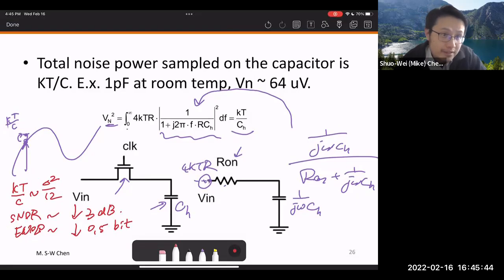SQNR is the highest upper bound. And as you can see, if you design kT over C to be roughly equal to delta square over 12, you degrade by half a bit already. So it's impossible that you get the SQNR value in the final ADC.